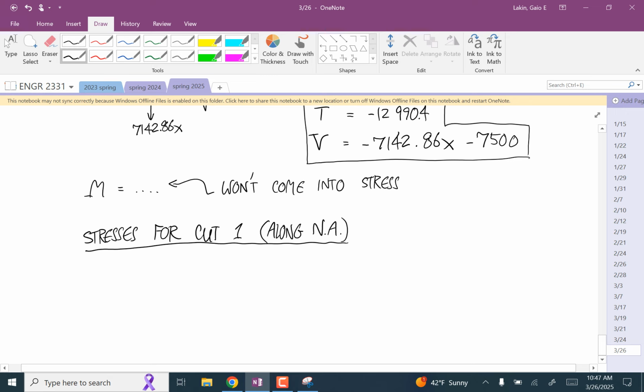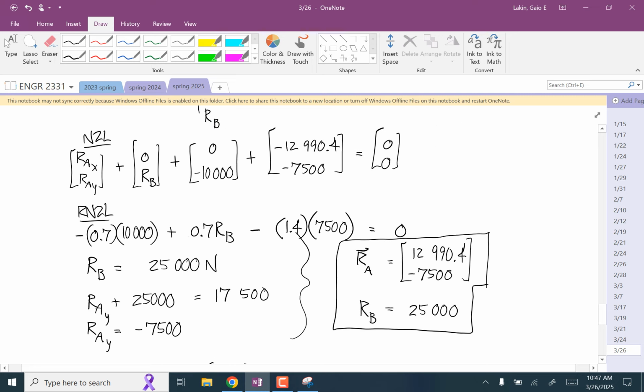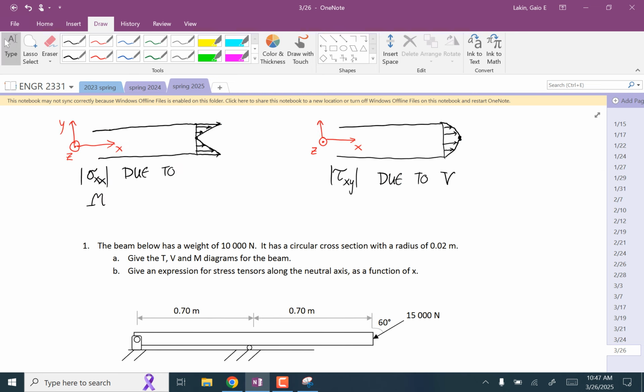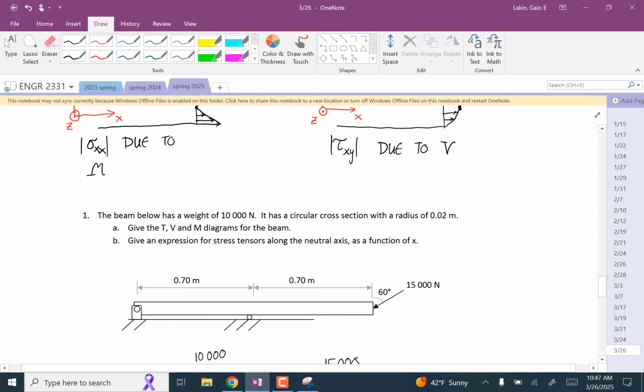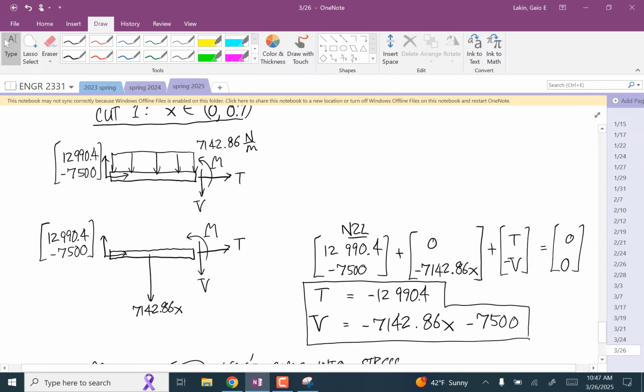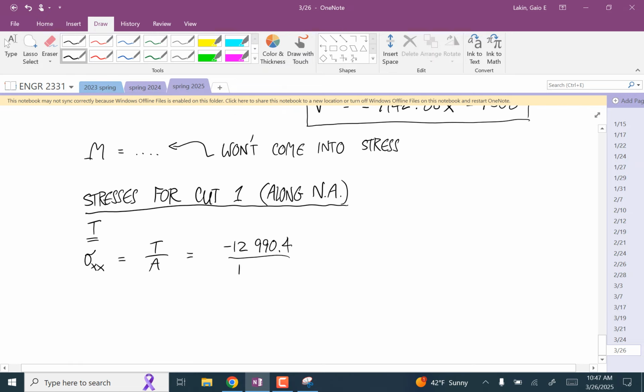First, the stress due to internal tension compression is T over A, which is negative 12,990.4 divided by the radius is 0.02 again, so divided by pi times 0.02 squared.